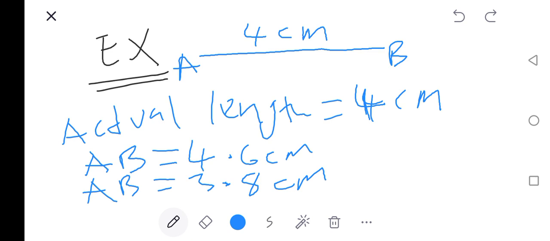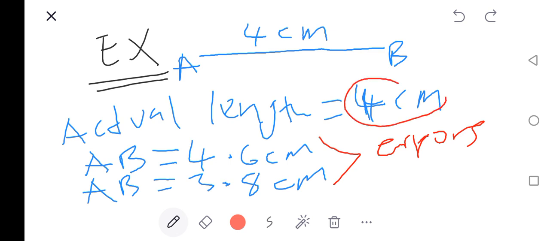So, both of the answers are not wrong. They just have errors, because you haven't found exactly the same as 4 centimeters.